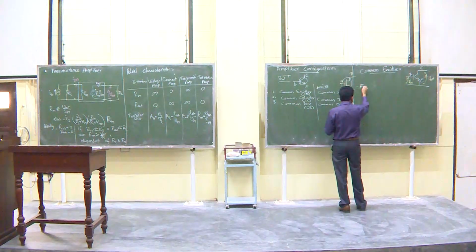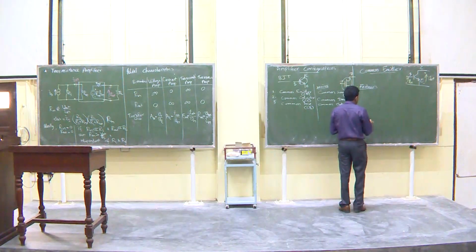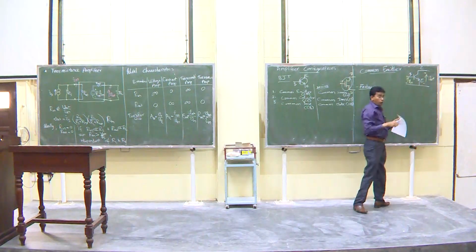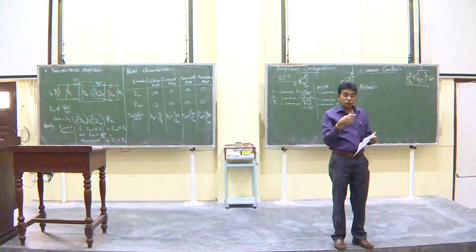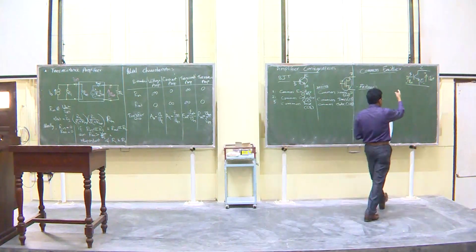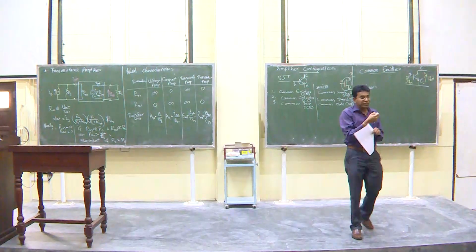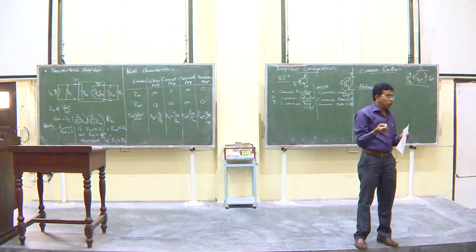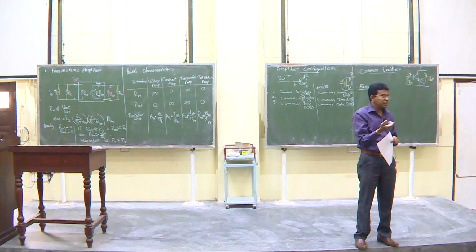So the features of this, for BJTs, there is a current going in. So input impedances are generally not very high, because what you have is a diode.